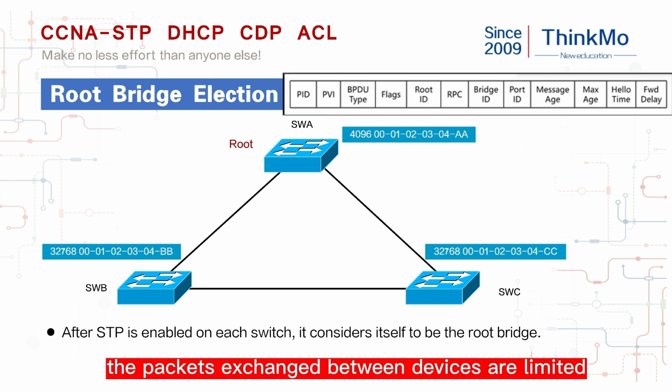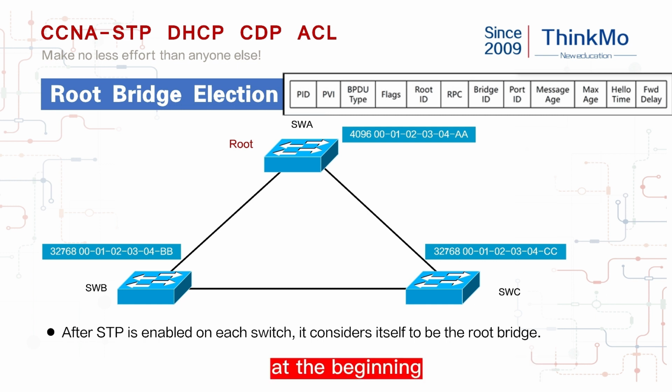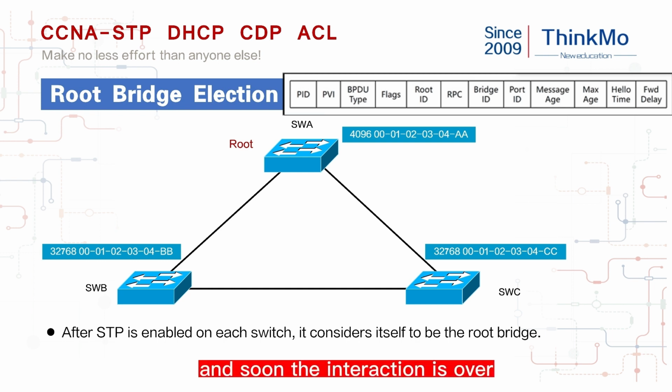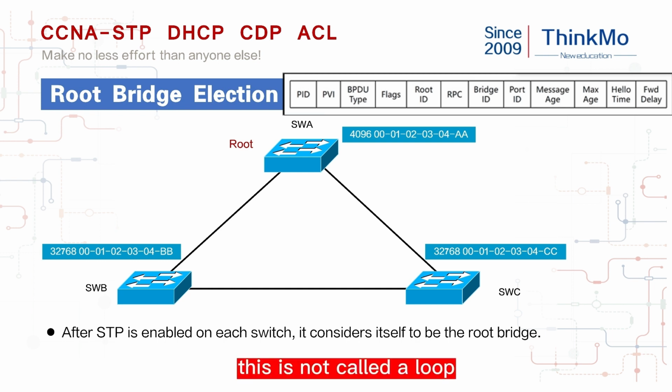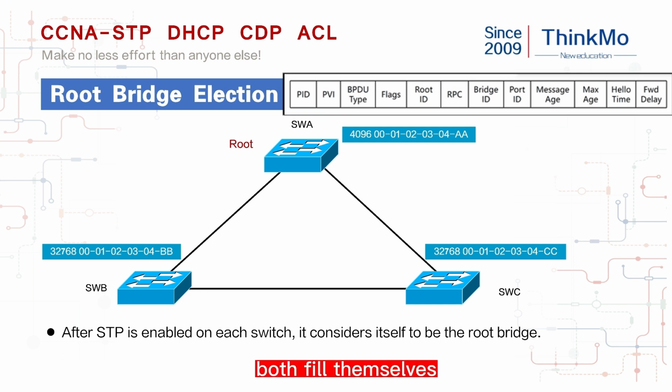However, the packets exchanged between devices are limited, especially when the devices are all released at the beginning. The process is limited, and soon the interaction is over. This is not called a loop. They all think of themselves as the root bridge and fill in themselves.